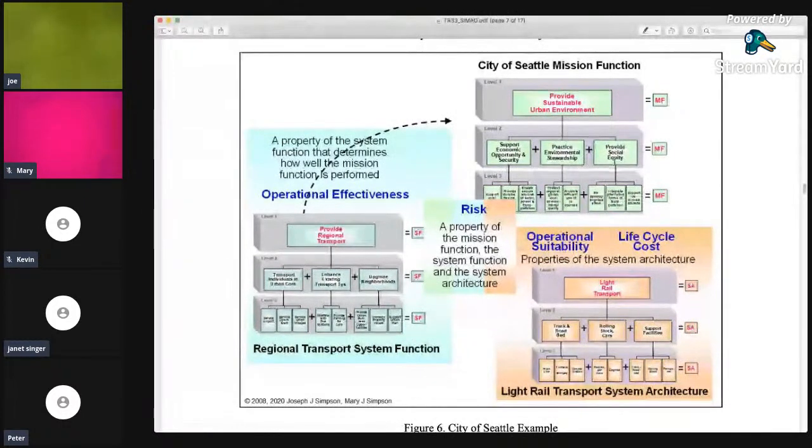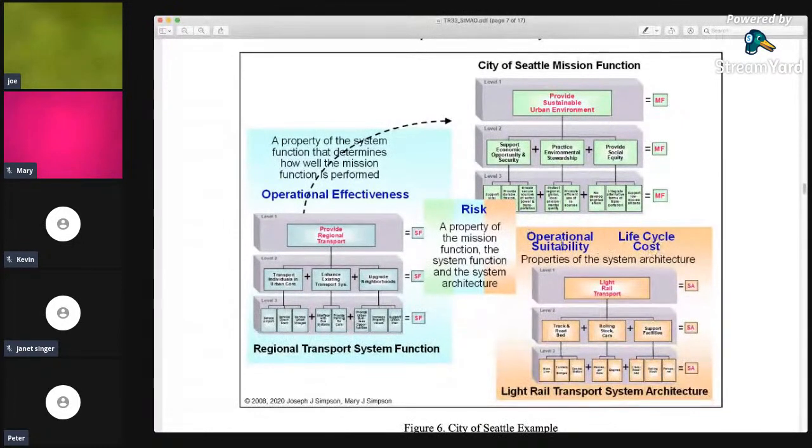Then you're going to create something, some processes, some type of system to support achieving your mission function. That would be over here, and you would have whatever those architectures are. Then you would match that to your operational suitability and your life cycle cost.